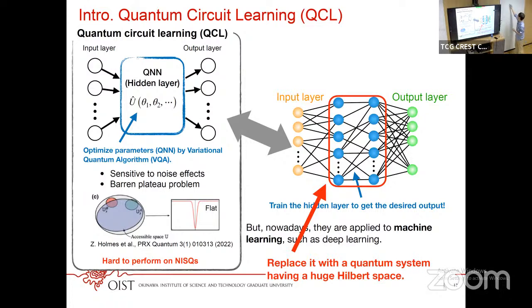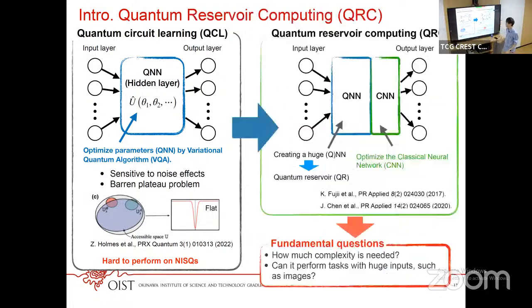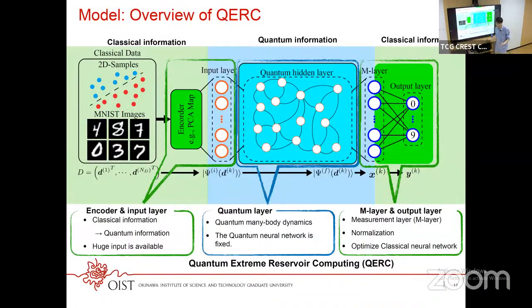In our case, quantum reservoir computing, if we have 10 images, then this is 10 times the number of shots required. But quantum circuit learning takes the number of shots times the number of iterations. And you don't have the barren plateau problem. Yes, because we don't optimize the quantum part, we don't have a barren plateau.